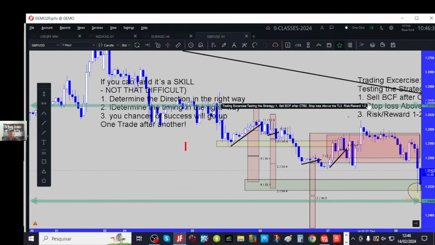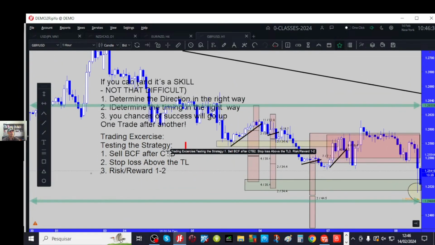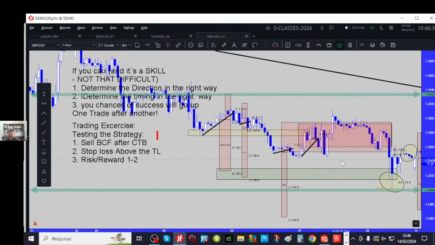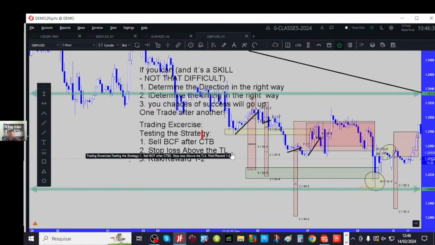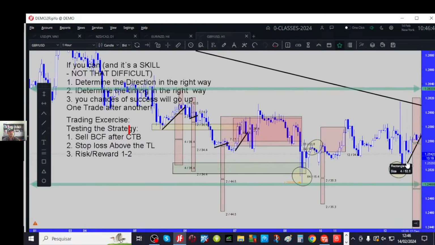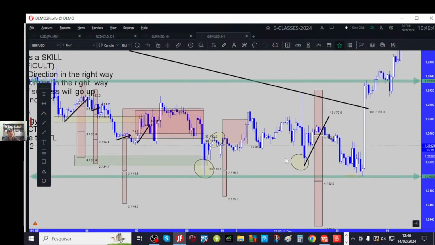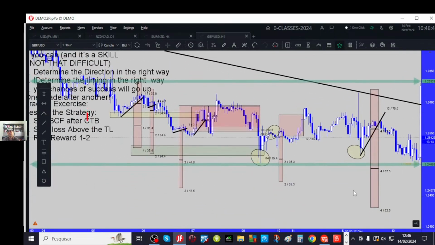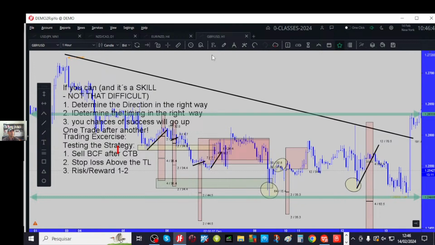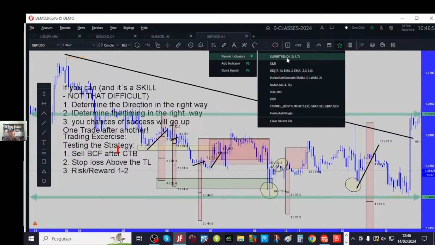Okay, everybody? Boss, what can we do? You can play around. So I'm not sure, everybody, if this is doable. What do you think? Alright, these two are winners, but if you would manage a trade like this, it would be a losing game, right? Now if I put super trend, do we have super trend?